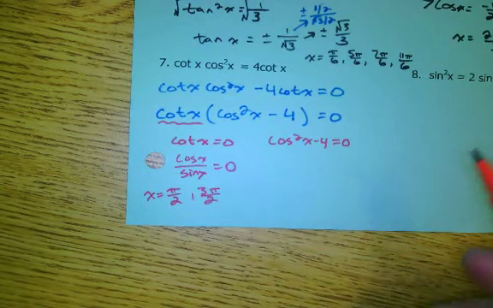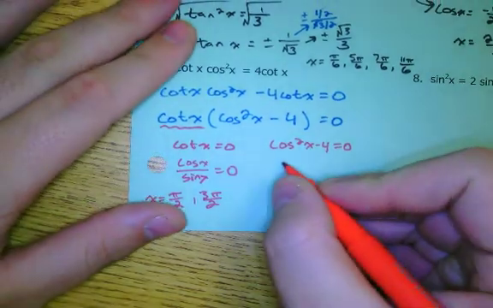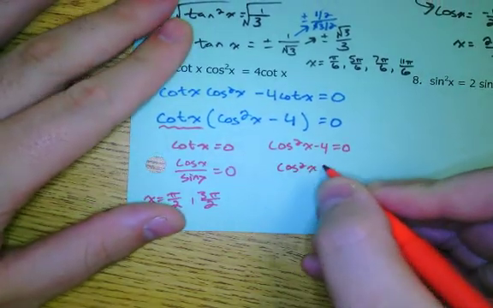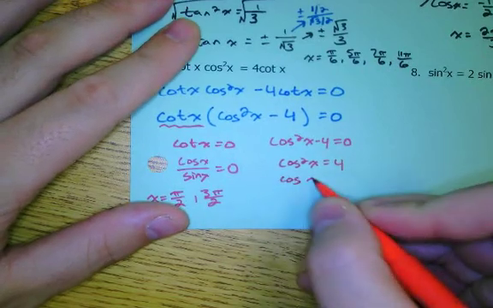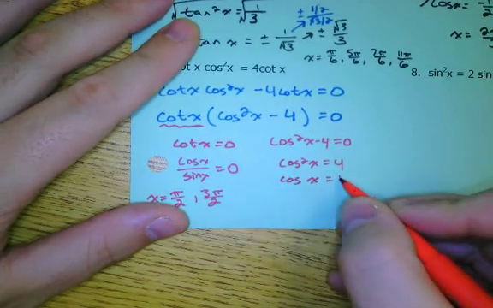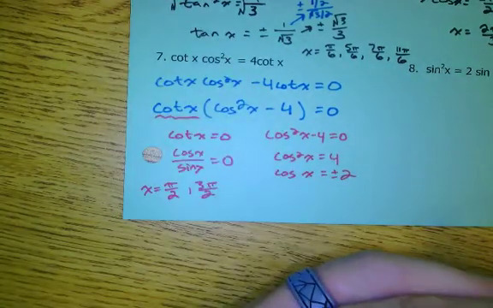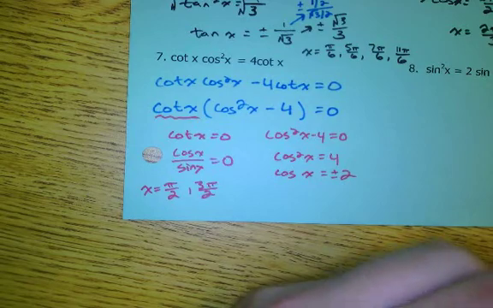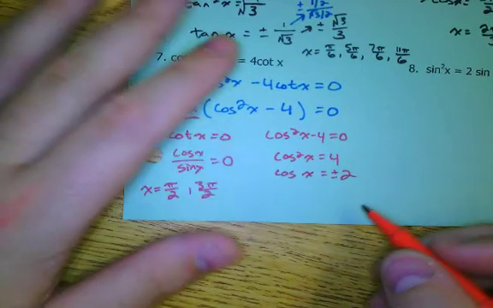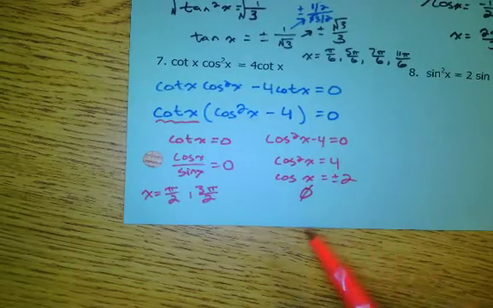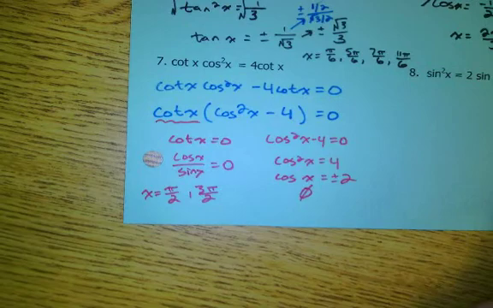You do cosine squared x equals 4 because it moves over and makes it positive. Then you square root it and cosine x equals plus or minus 2. When does cosine equal 2? Never. When is it equal to negative 2? Never. So over here, there are no additional solutions. So the only answers are those two right there.